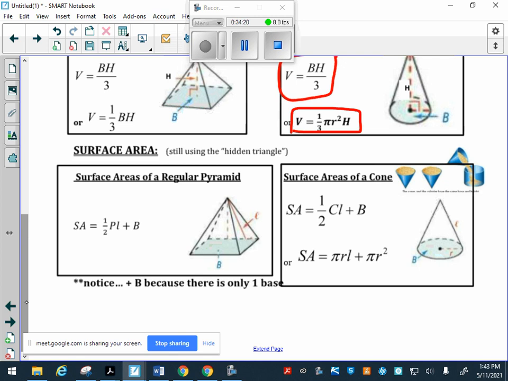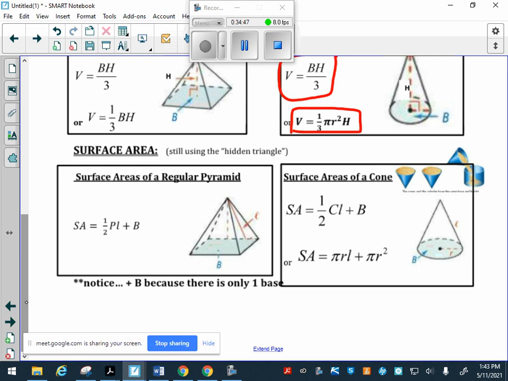Well, how do you find the area of a triangle? Base times height divided by 2, or 1/2 base times height. Now, the height of this triangle we labeled as slant height.